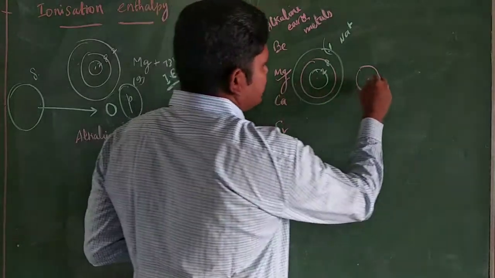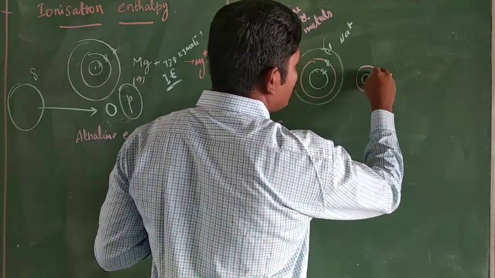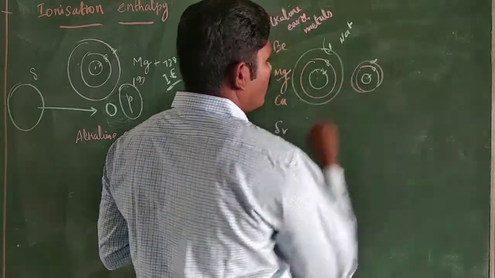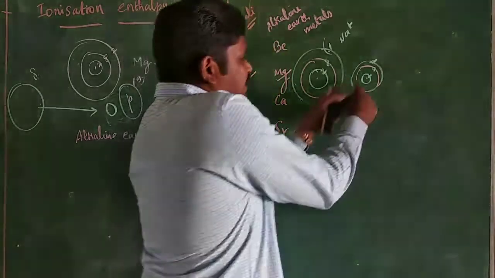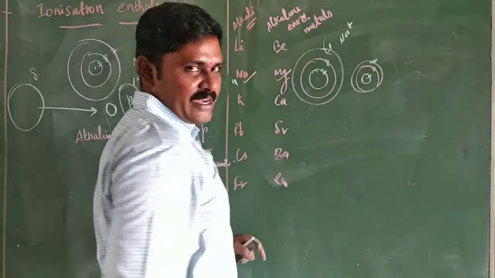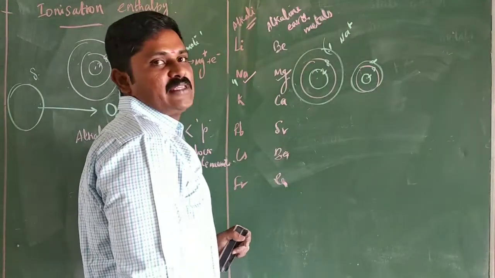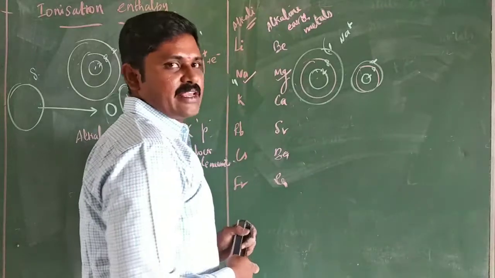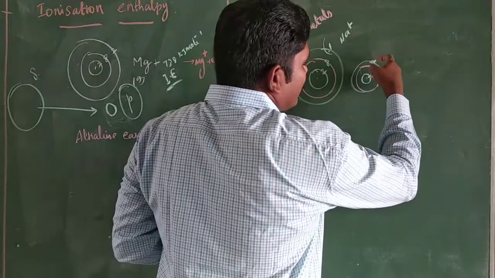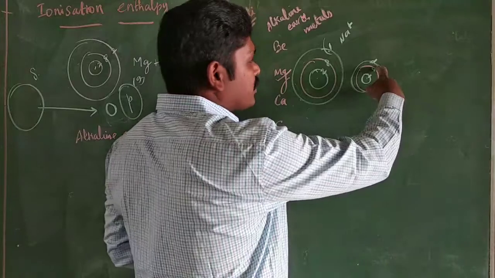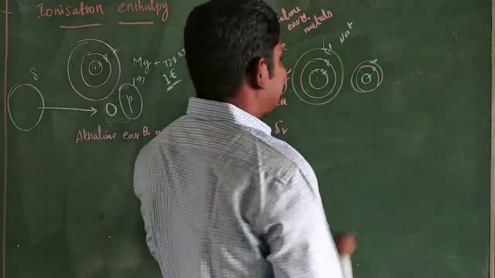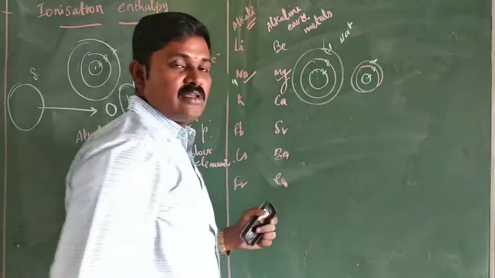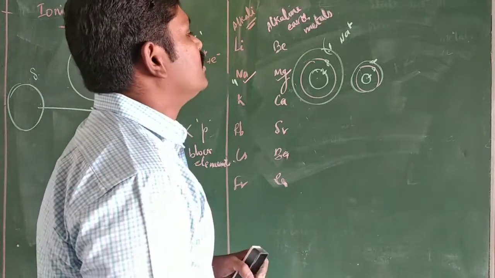But in magnesium, 2,8,2, the size is smaller than alkali metals and the effective nuclear charge increases, so more energy is needed to remove one electron than in alkali metals.